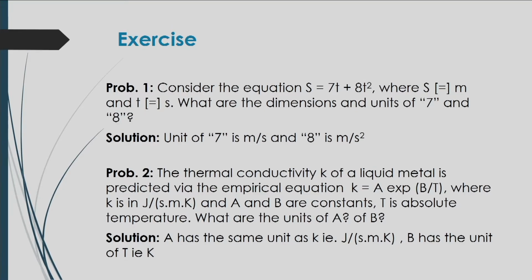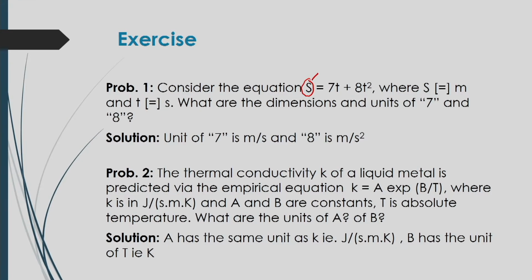Consider another example, the equation s is equal to 7 plus 8 t square, where s is distance whose unit is meter, and time is represented by t and its unit is second. What are the dimensions of 7 and 8 here? You have to make the dimensions equivalent on both sides of this equation.